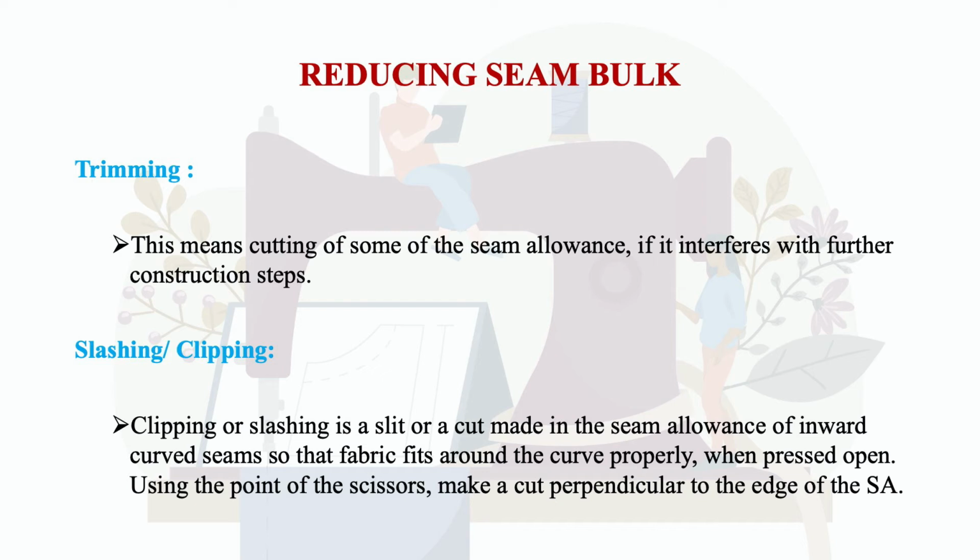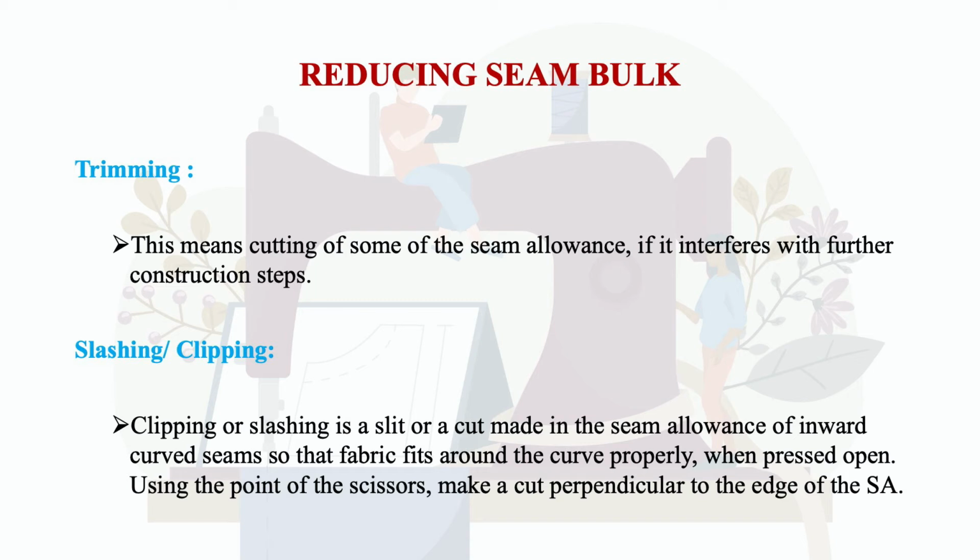Like when attaching a sleeve to the armhole, if we face a lot of seam bulk at that point, we can make a small slit so that it becomes very easy to attach the sleeve. Using the point of a scissor, we make a cut perpendicular to the edge of the seam allowance, and it will remove the bulk from that area.